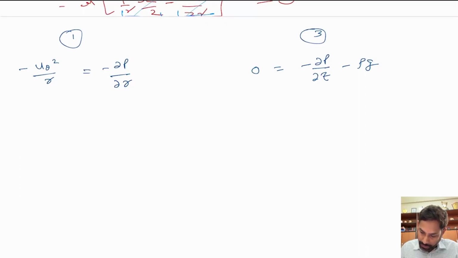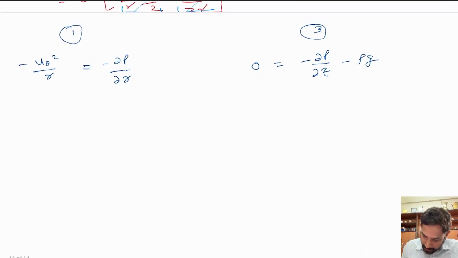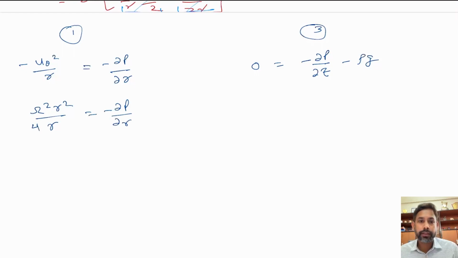So the first equation is basically omega square r square over r minus dp by dr, and there should be a factor of 4, right, which we know from the u theta value. Okay, this is basically positive.